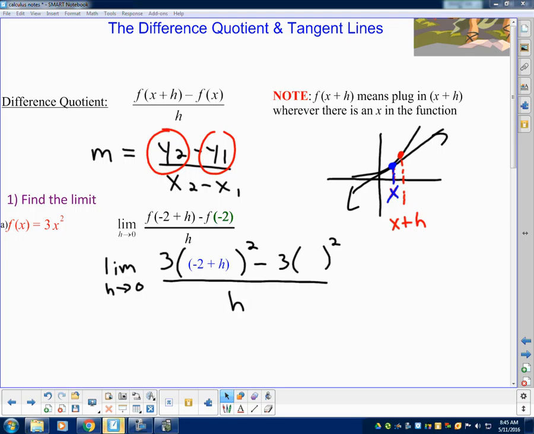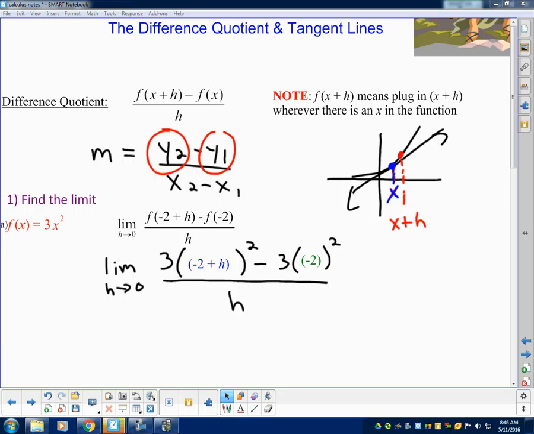So we have -2 plus h, we're going to plug that in for the x. And then here, this is saying plug in -2 for x. So what you see in blue and green here, I'm plugging in for x in this function, okay? Not the other way around. This is f of x notation. So we're plugging in -2 plus h, or -2 for x.